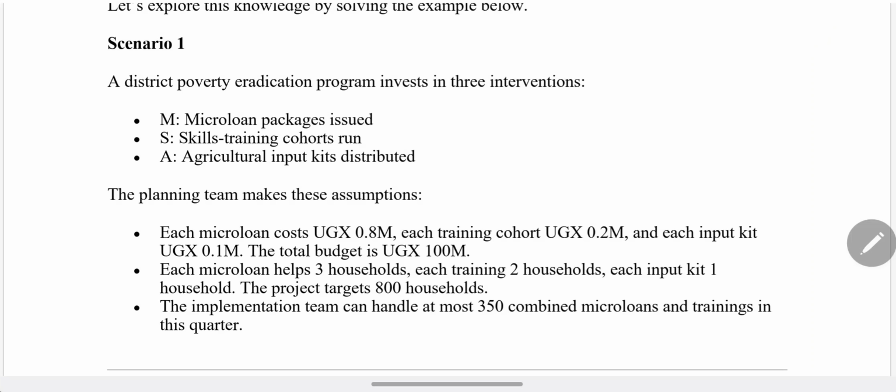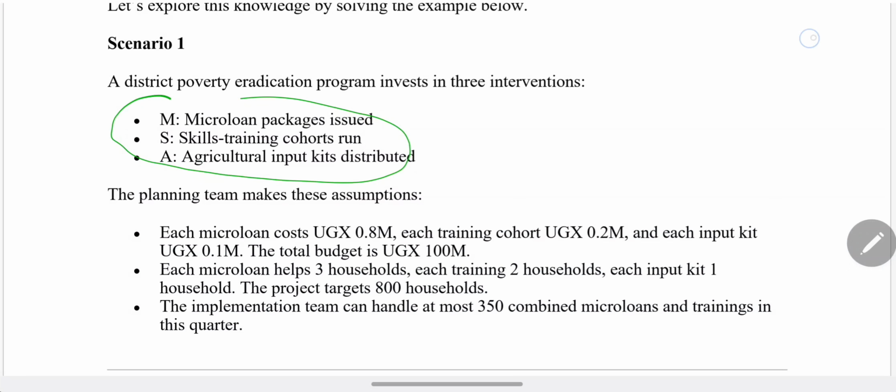In our example, we have a poverty eradication program that invests in 3 interventions: the micro loan packages, the skilling training cohorts, and the agriculture input kits. The planning team makes these assumptions: each micro loan costs 0.8 million, the training cohort is 0.2 million, and the agriculture input kit is 0.1 million.